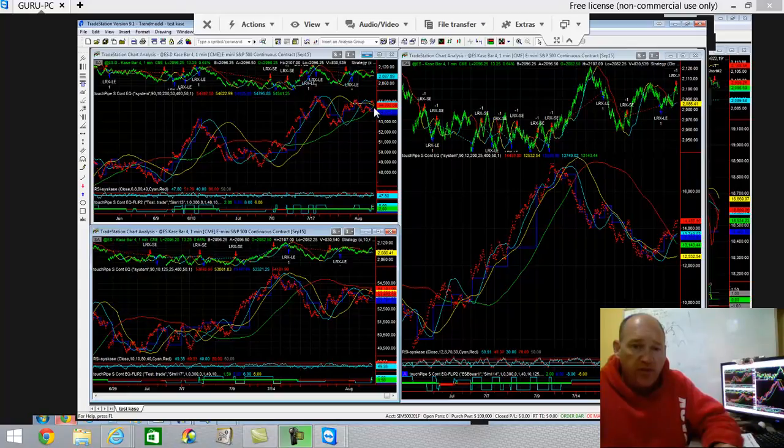It's hovering near the top of its line, but we've just had a cross back through the yellow. So our position indicator is green down in here, saying that we're actually long the market at this particular point. This one also just went long on a bit of a cross, so this might be a bit of a whipsaw trade. But at this point, these are the systems that we're going to be running.